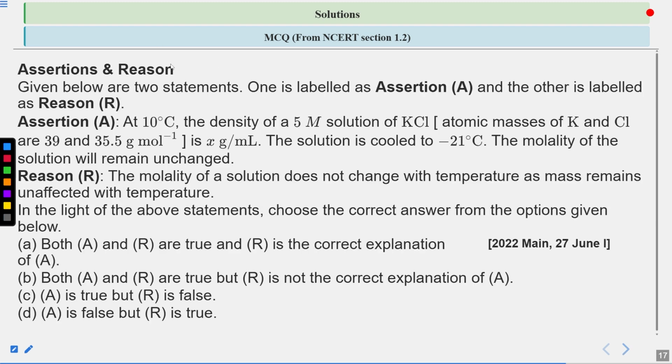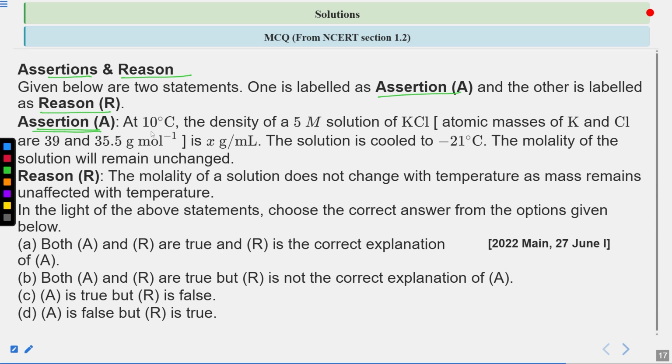This question has also been taken from NCERT section 1.2 in the Solutions chapter. The question has assertion and reason. Given below are two statements, one labeled as assertion and the other as reason.